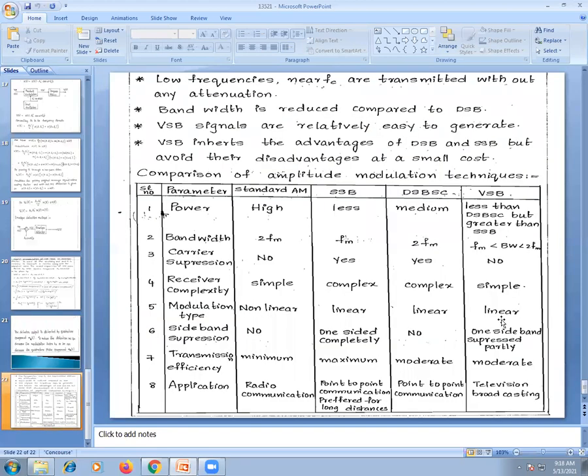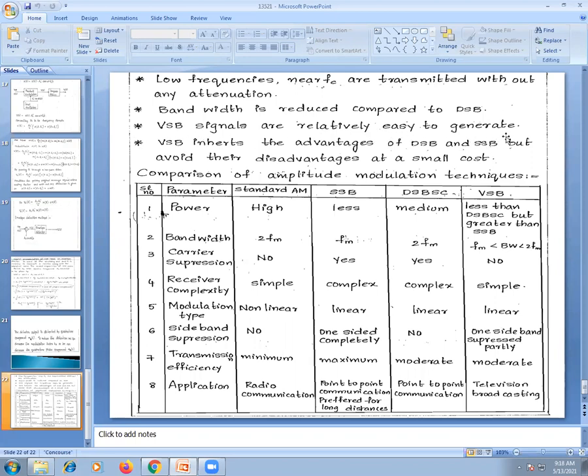In fact, there are some advantages of VSB modulation. One of the advantages is that the frequencies near FC are transmitted without any attenuation, and less bandwidth is required compared to DSB. And VSB signals are relatively easy to generate compared to SSB.